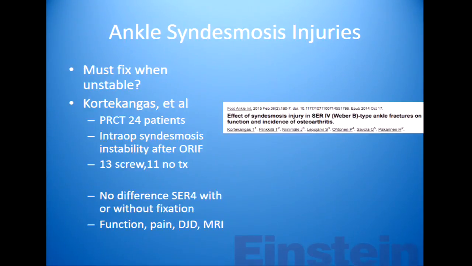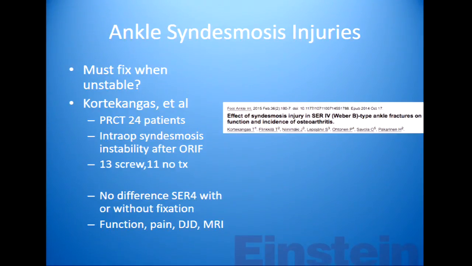So this is a neat study, one of the studies you can probably only do in the Nordic peninsula. I think this is Norway or Sweden. They prospectively randomized patients who had intraoperative instability of the syndesmosis, a positive Cotton test. 11 of them got no treatment, no screw, no treatment for the syndesmotic instability, 13 got a screw.